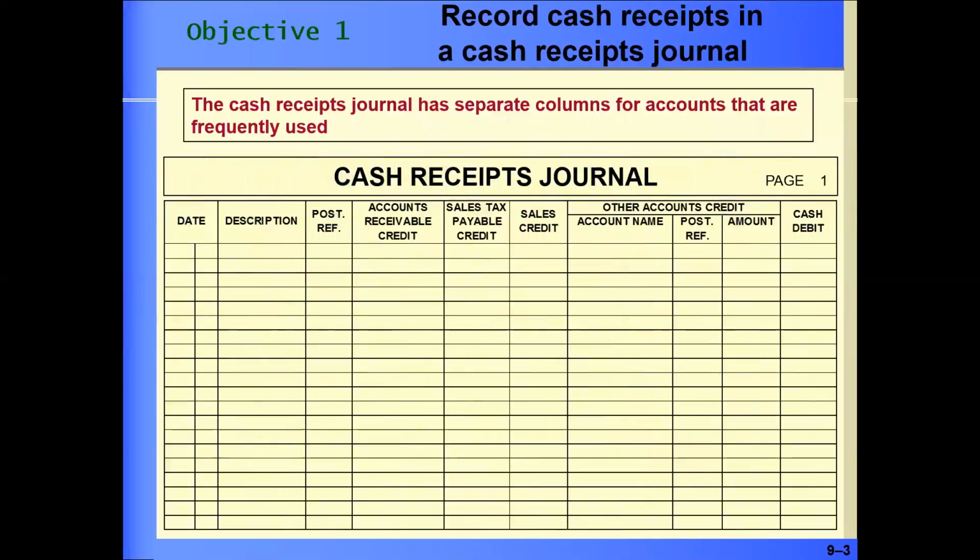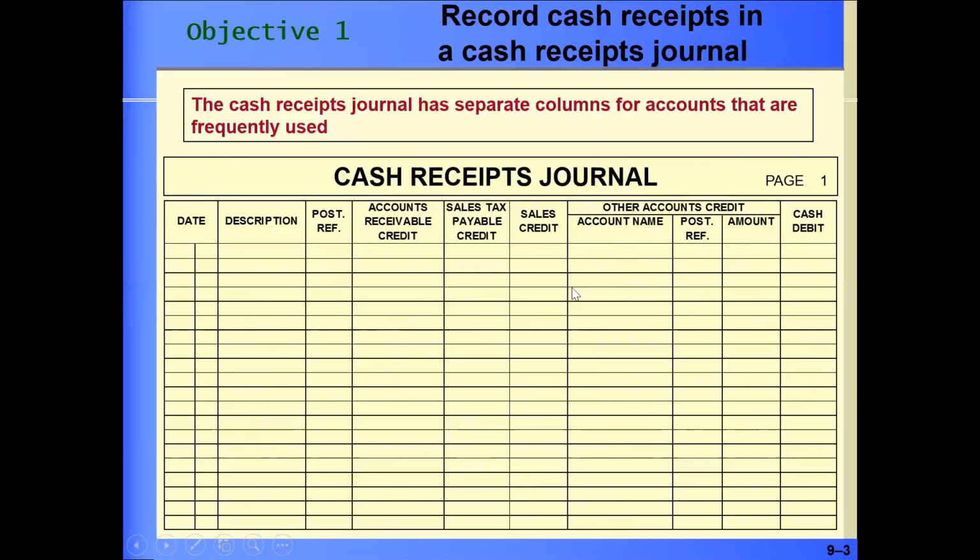So basically, this is a picture of a cash receipts journal. It is the same type of concept that we had with a sales journal and the purchases journal. This is a cash receipts journal.